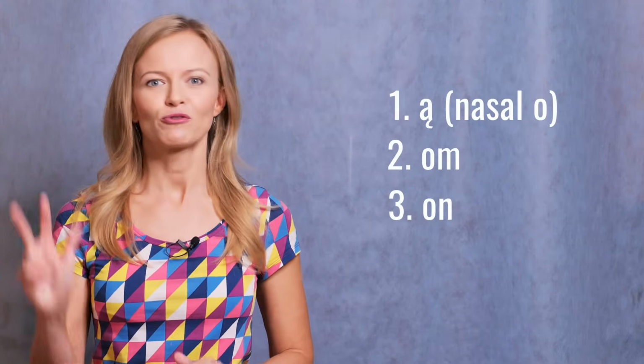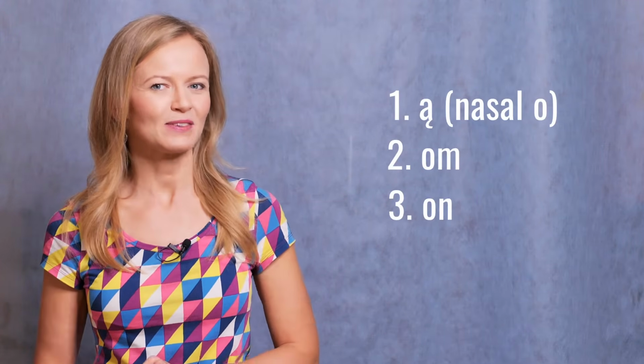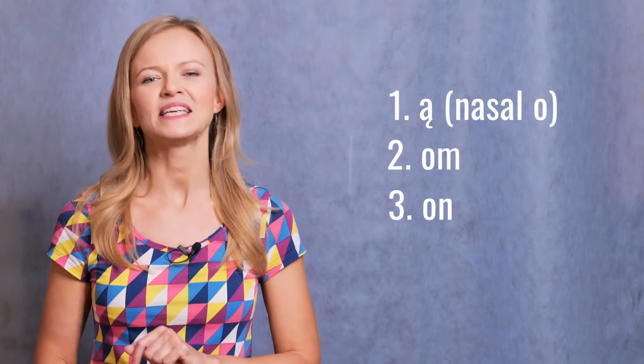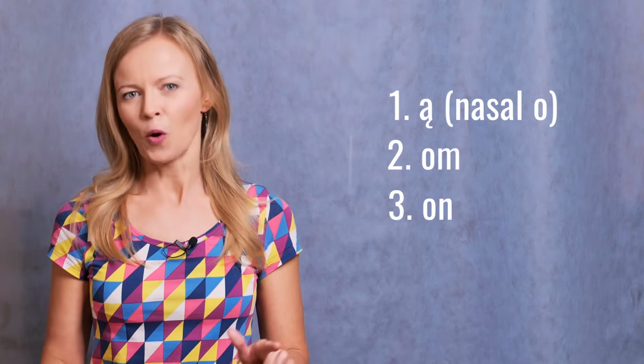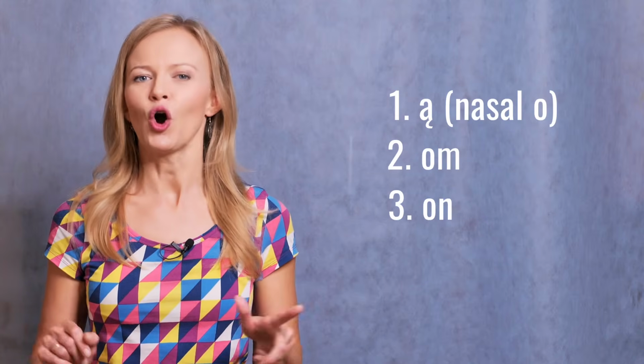Here we have okrągły, łąka. So there are already 3 ways to pronounce this letter: on, nasal o, and on. We have 2 more ways of pronouncing this letter.